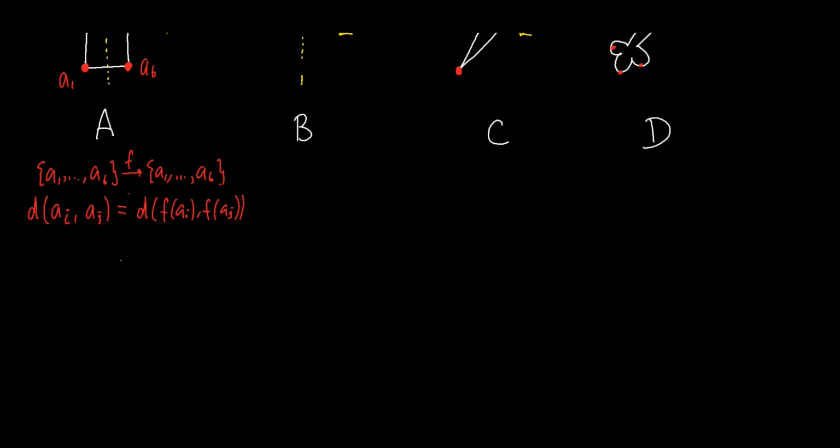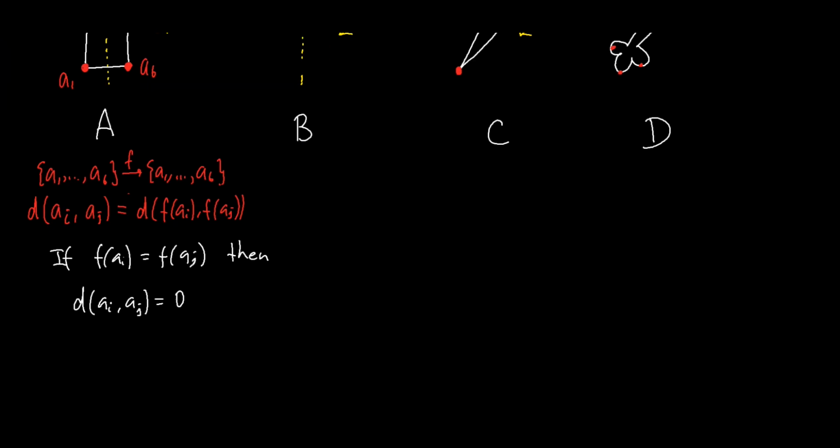And so we get that if f of ai equals f of aj, right, then the distance between ai and aj must be equal to the distance between these two equal things. But of course, the distance between two equal things is 0, so the distance must be 0.